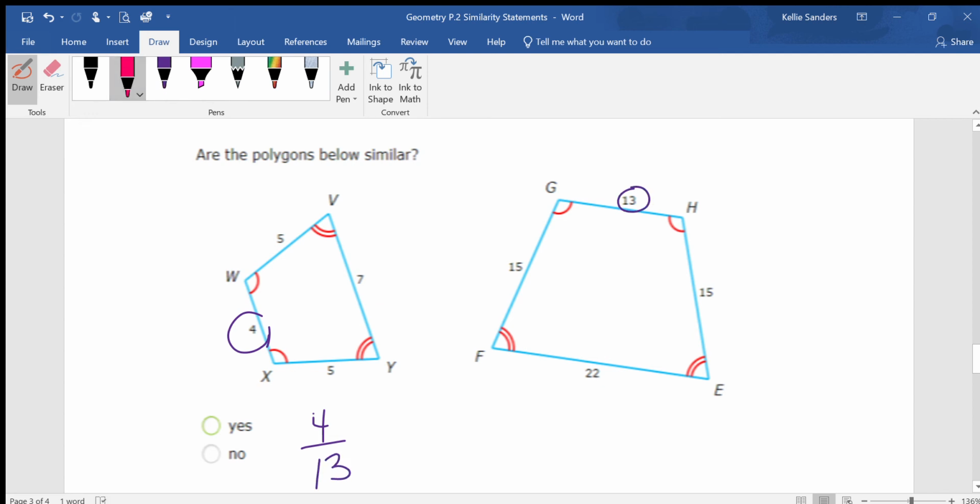But if you're trying to figure out if they're similar, then you have to pick at least another pairing, so 7 to 22. Neither one of these reduce, and since they are not, the similarity ratio is not the same, they were not increased the same amount. So these are not similar.